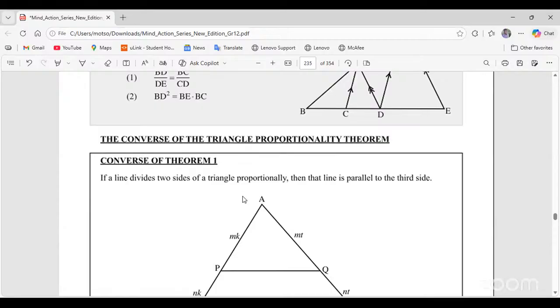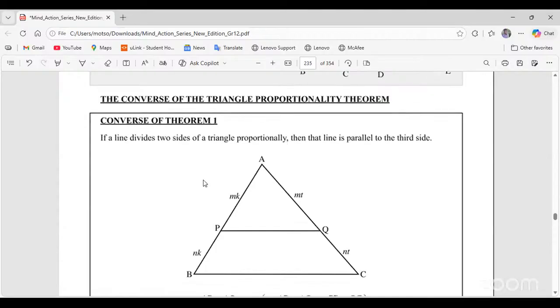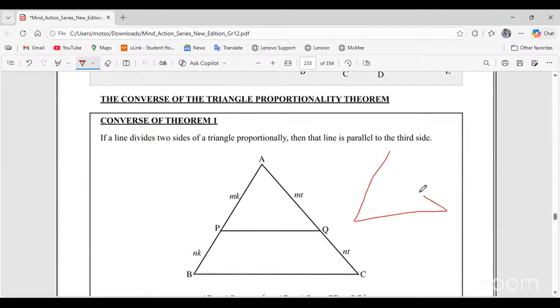So this is the converse of theorem 1. Remember what theorem 1 said. Theorem 1 says we are given a triangle like this, triangle A, B, and C. You will be given a triangle and you will also be given some parallel lines, such that there exists some line in the middle of the triangle, or anywhere maybe in a triangle, such that that line is parallel to the third side of this triangle.